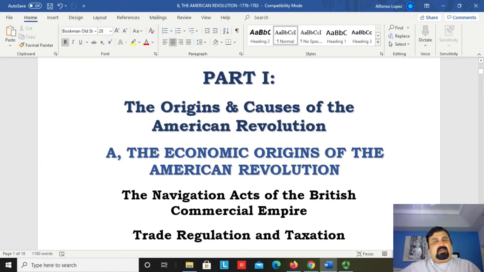So the economic origins of the American Revolution go back to a series of laws and reforms that the British Parliament implemented to regulate trade with the British colonies.